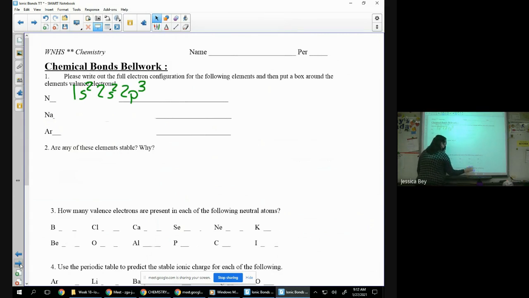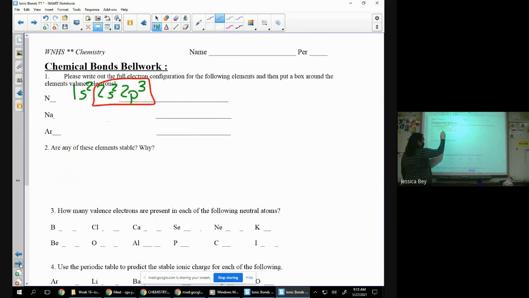So 5 total. And now remember, if you are going to circle the valence electrons, the ones on the highest energy level, which ones are you going to circle? The ones with the 2 in front of it. So we're going to circle the 2s2 and 2p3.